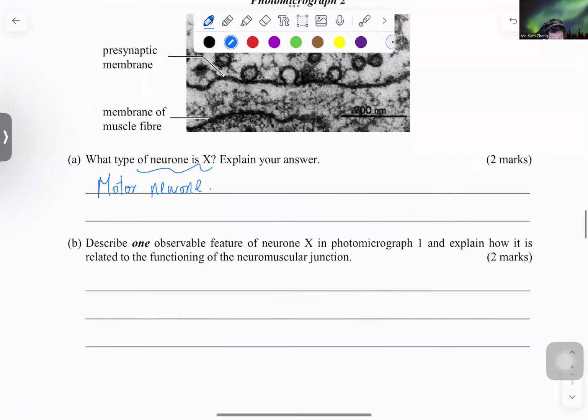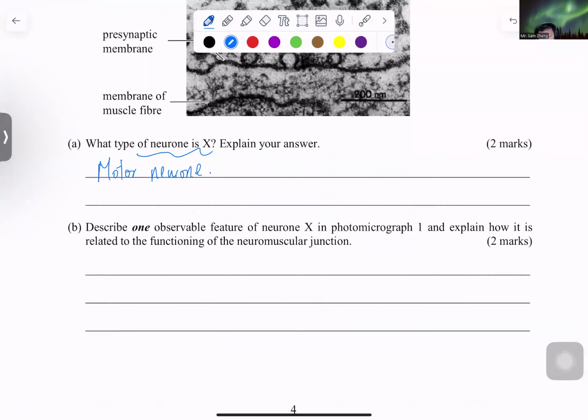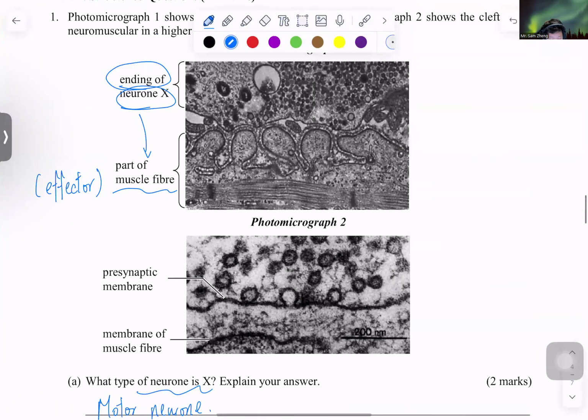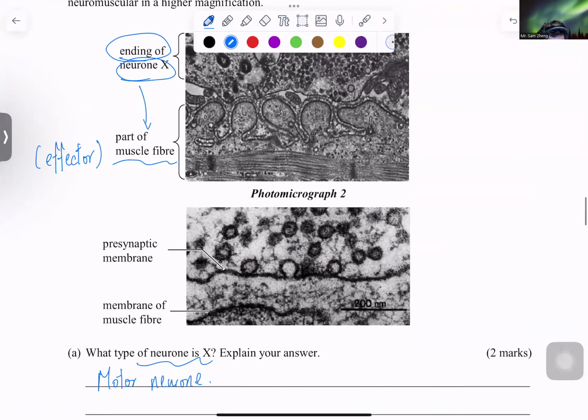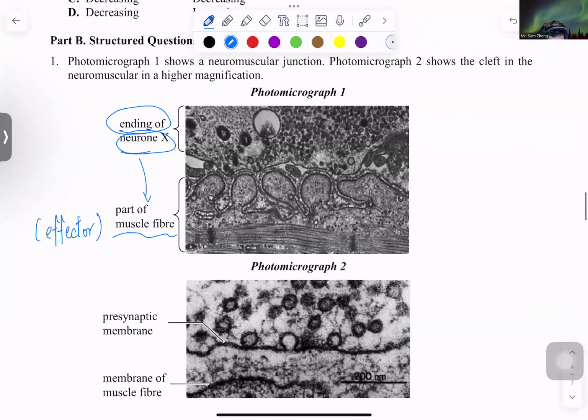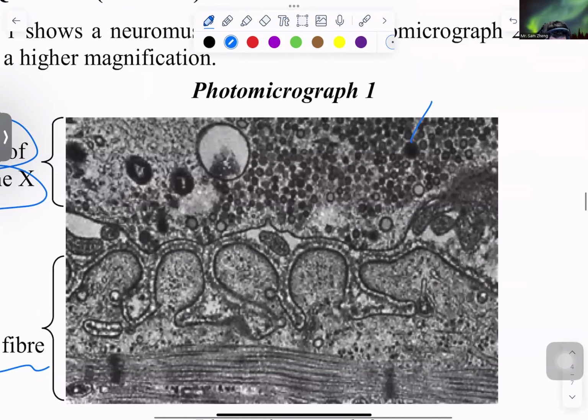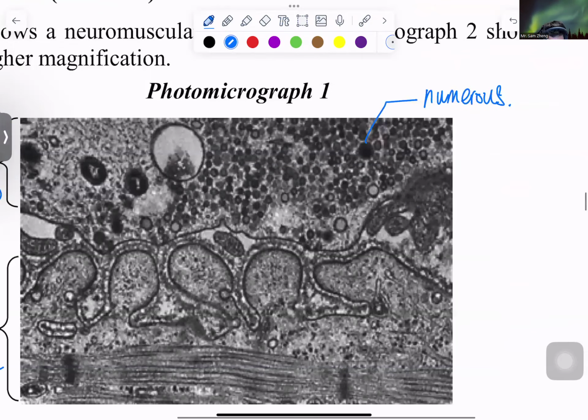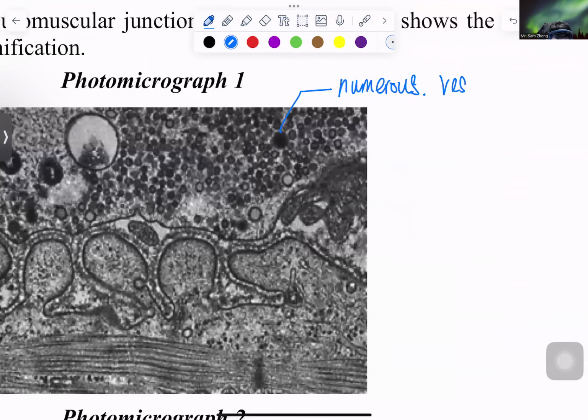Next, it asks you about one observable feature of neuron X in the photomicrograph. By looking at photomicrograph 1 here, one of the observable features is that there are numerous vesicles.